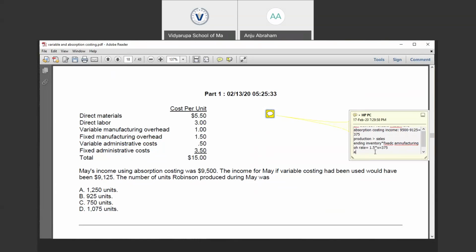So this ending inventory is equal to 375 divided by 1.5, which is 250. So that ending inventory is 250.